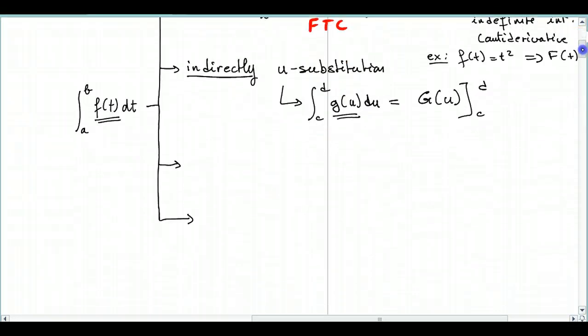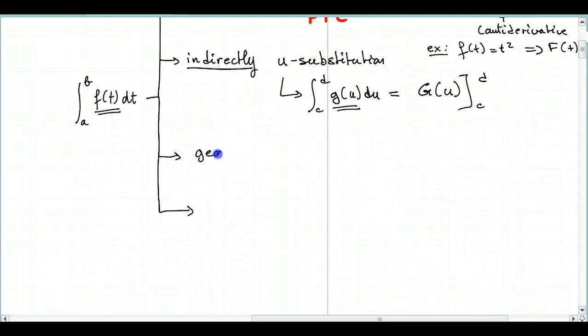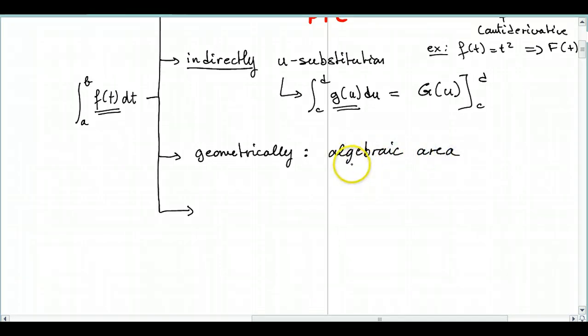Third approach is geometrically. It means the definite integral is an algebraic area. What does algebraic mean? Algebraic means it can be a positive or a negative area.